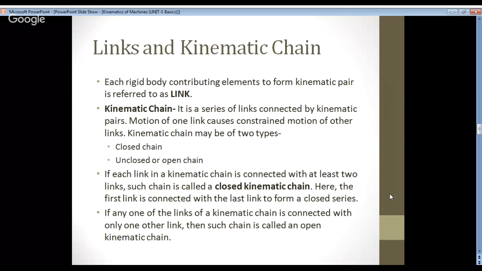Kinematics means some kind of movement must be there. A chain can be something like a truss, in which the bodies are interconnected in such a way that no relative motion is taking place. But in a kinematic chain, if you give some kind of input to one part, then it must be able to transfer the same to the next part. That is what we call a kinematic chain.